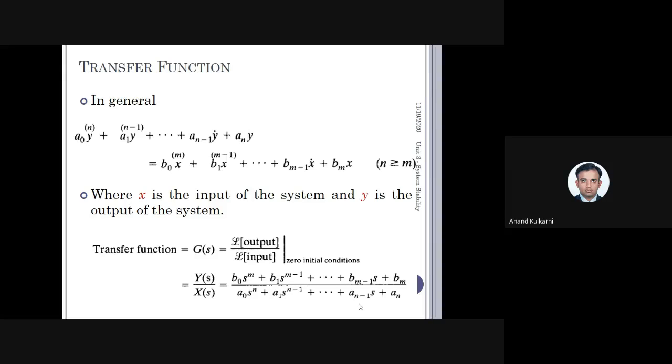So there are n terms in the denominator and m terms in the numerator. The condition is n should be greater than m. It can be the same, but the numerator cannot be greater. It can be equal to or greater than. That condition is always there, and in most cases it is like that only.